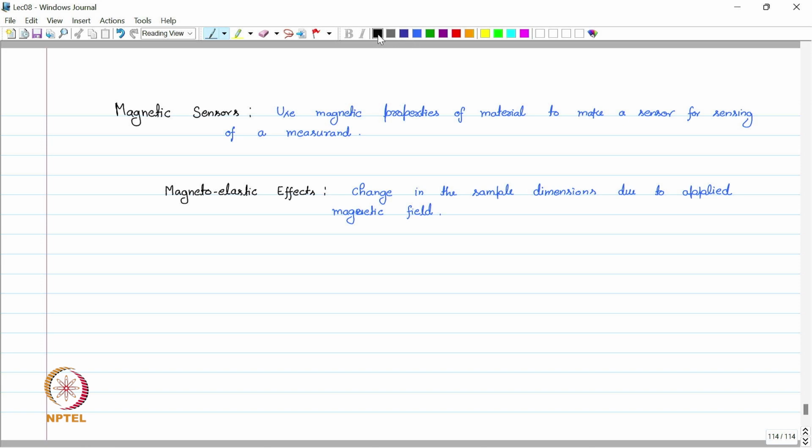So this is magnetoelastic effect, and the reverse of this effect is elastomagnetic effect, when there is a change in magnetic properties such as magnetic susceptibility, due to applied mechanical stress.